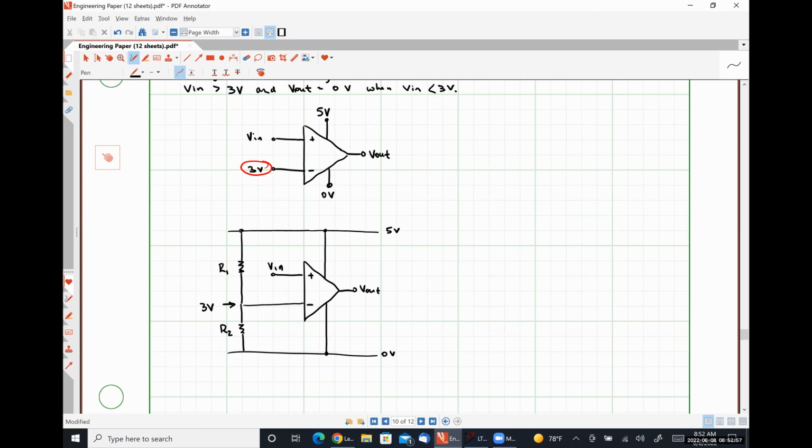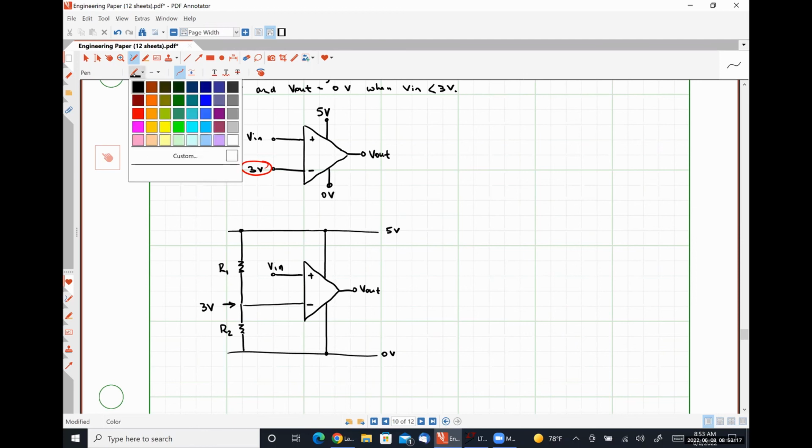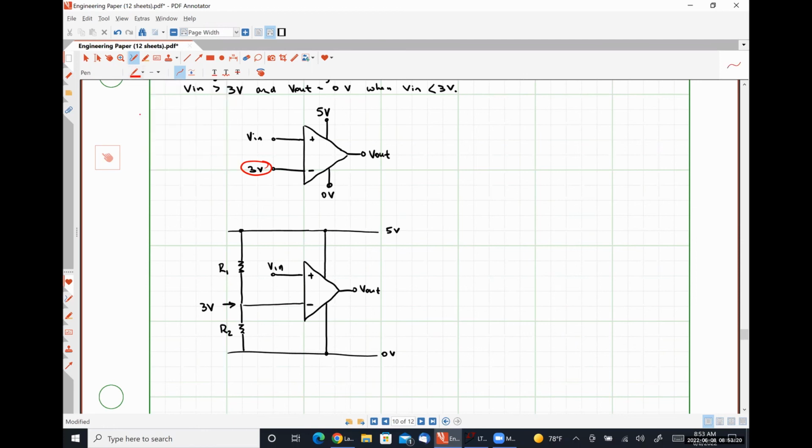So there are a couple of different ways that we can approach this, but I'm going to approach it in a qualitative way more so than a quantitative way. And what I mean by that is I'm going to make an observation about the behavior of the op amp itself to guide my analysis. So if we were to look into the inverting input terminal for our op amp, we would see an input resistance that is very large.